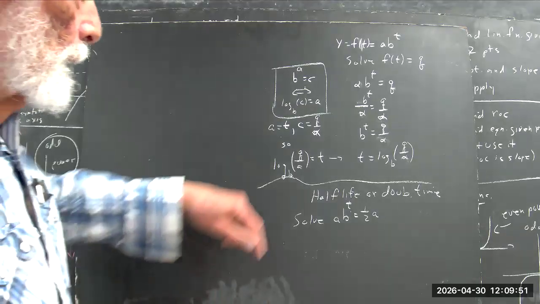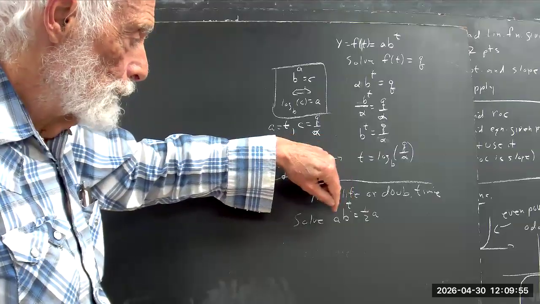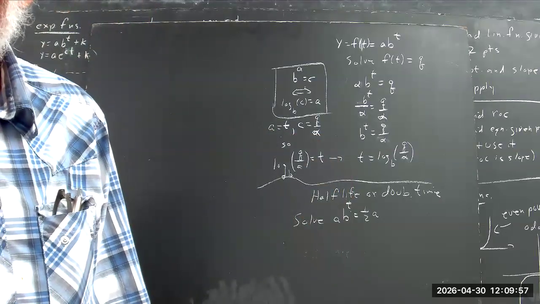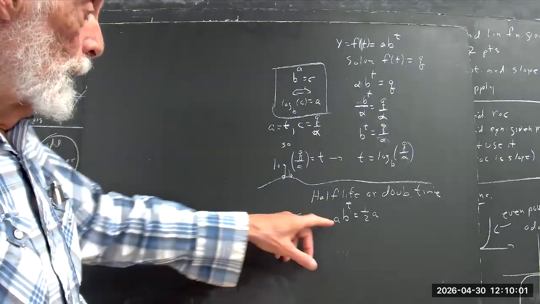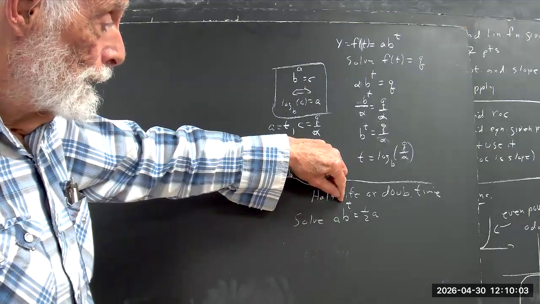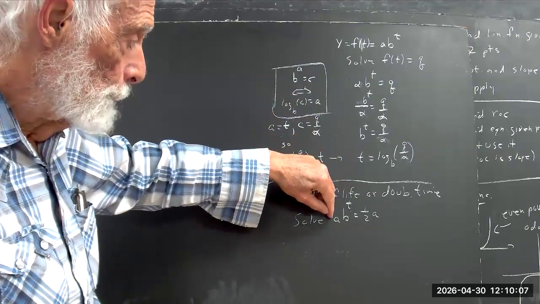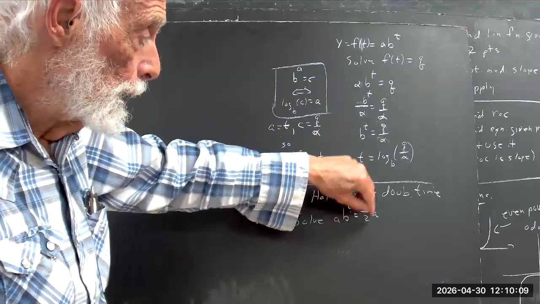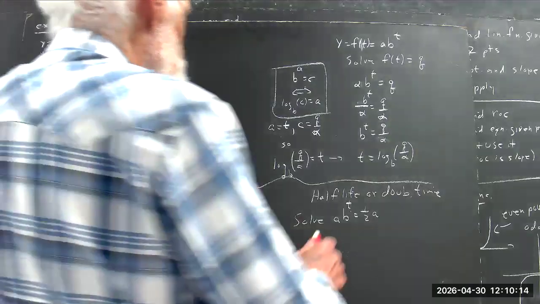Why? Because if t equals 0, ab to the t equals a. Any number to the 0 power is 1. Okay? And you want to know the t that changes your value from a when t equals 0 to 1/2 a.